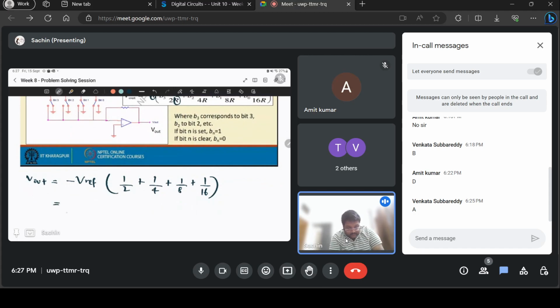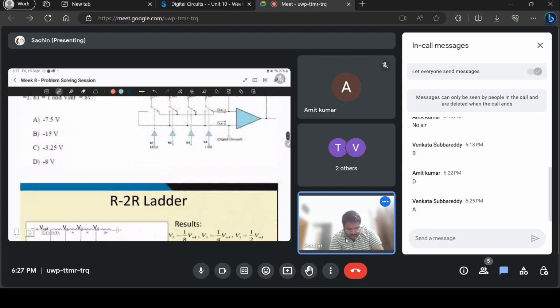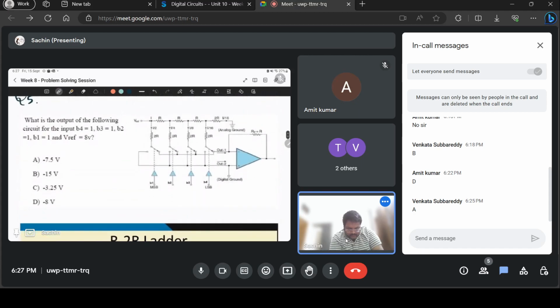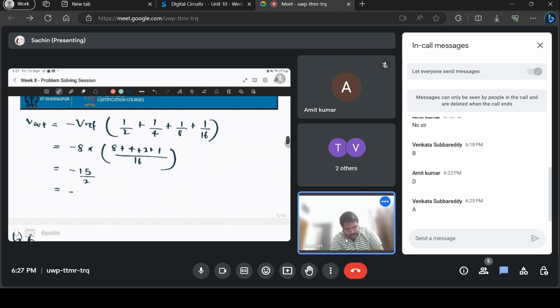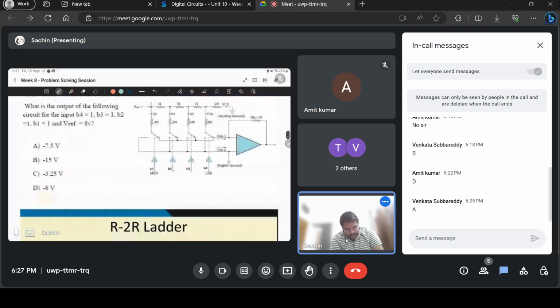So this is nothing but, the reference voltage is 8 volts, minus 8 times, and you take 16 as the LCM: 8 plus 4 plus 2 plus 1 by 16. That's minus 15 by 2, which is minus 7.5 volts.